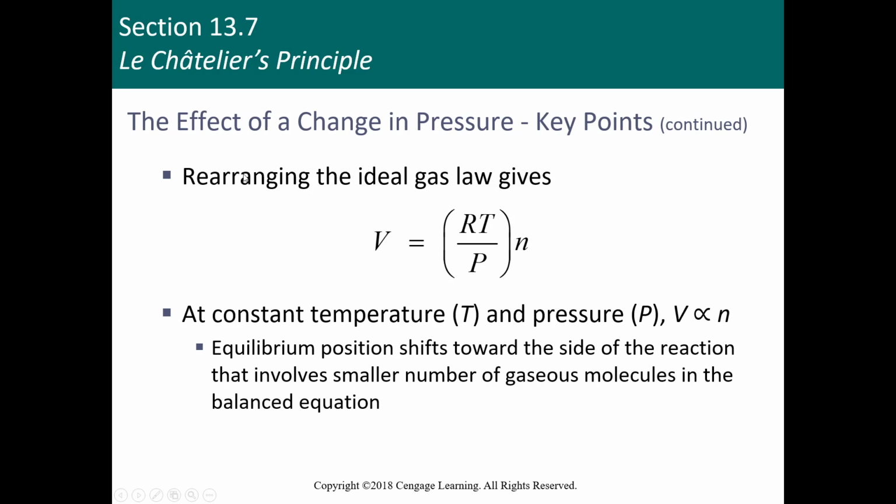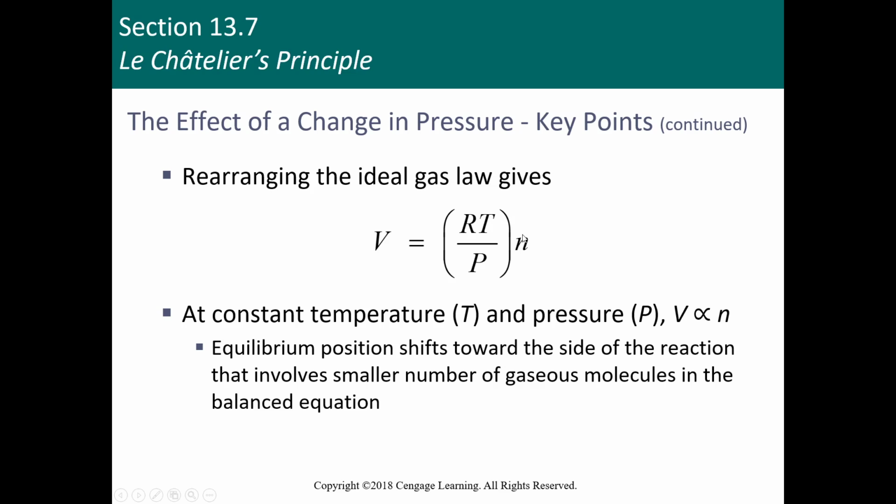So we can rearrange this ideal gas law to give us this. This gives us a representation of how pressure and volume are related. So we notice at a constant temperature and pressure that the volume is actually directly proportional to n moles.